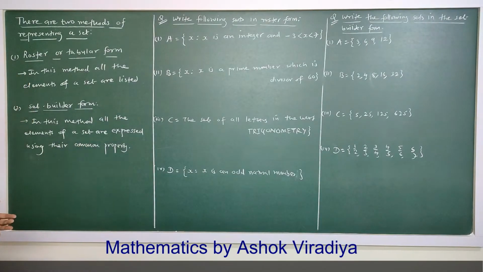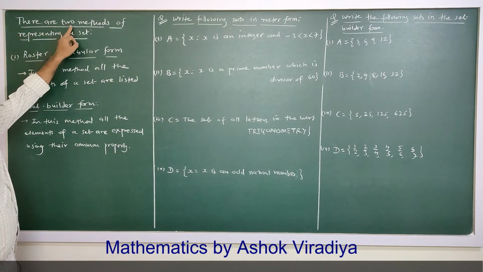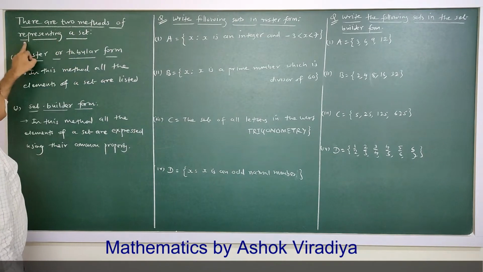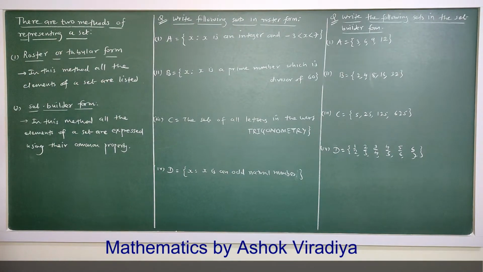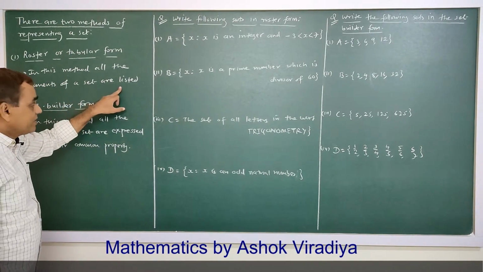Now discussing methods of representation of sets. There are two methods of representing a set. First method is roster or tabular form. In this method, all the elements of a set are listed.